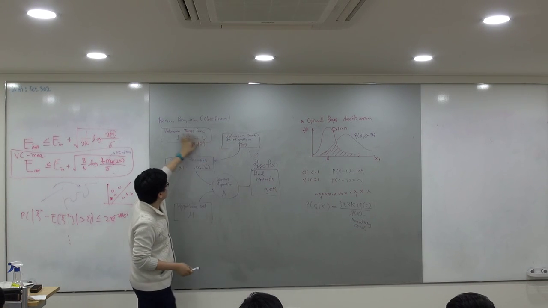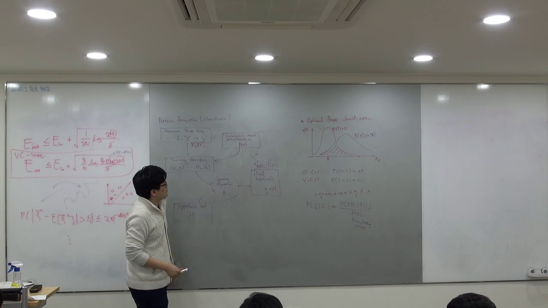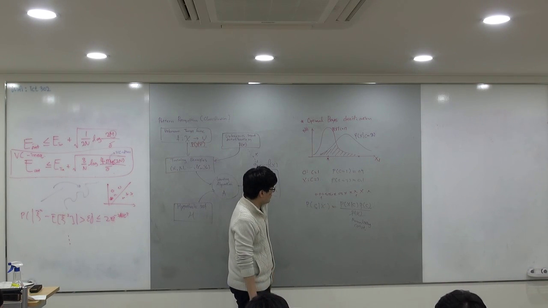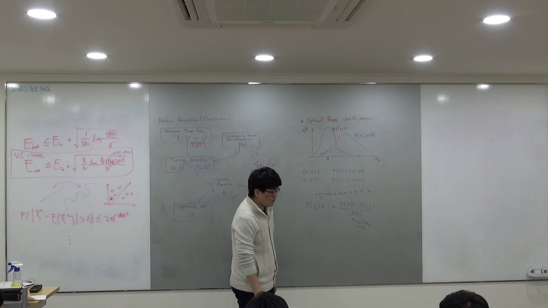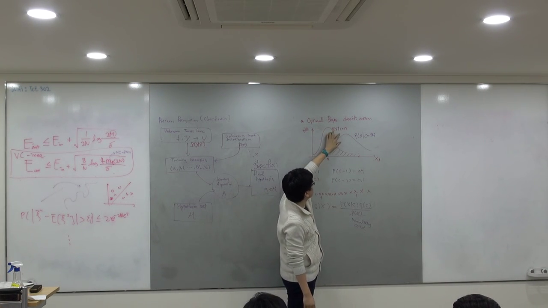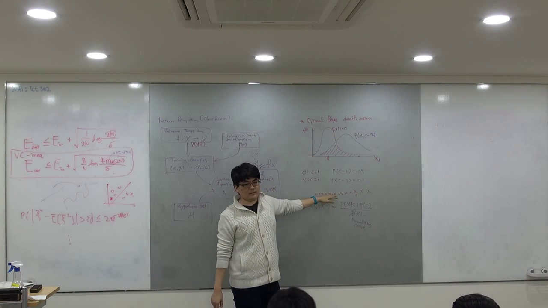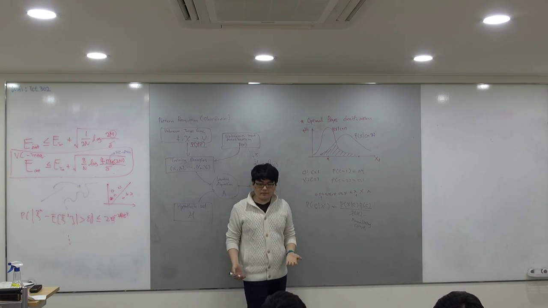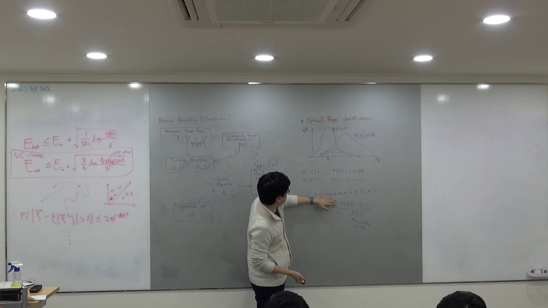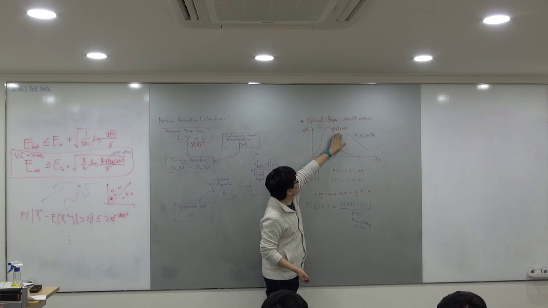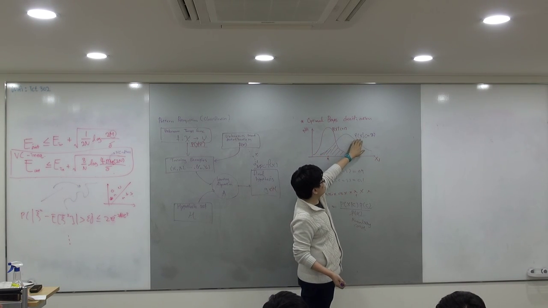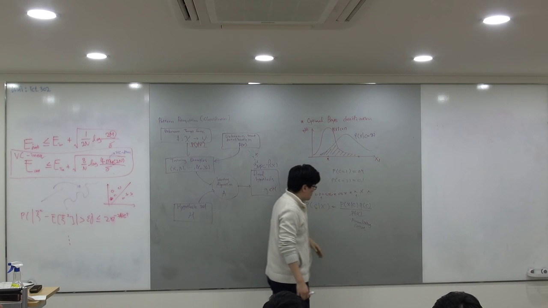As I wrote here, we don't know the input distributions. So what we can do is first estimate this distribution from the training data. We don't know the PDF, but we can estimate the conditional distributions P of x given C equals 1 and P of x given C equals 2.